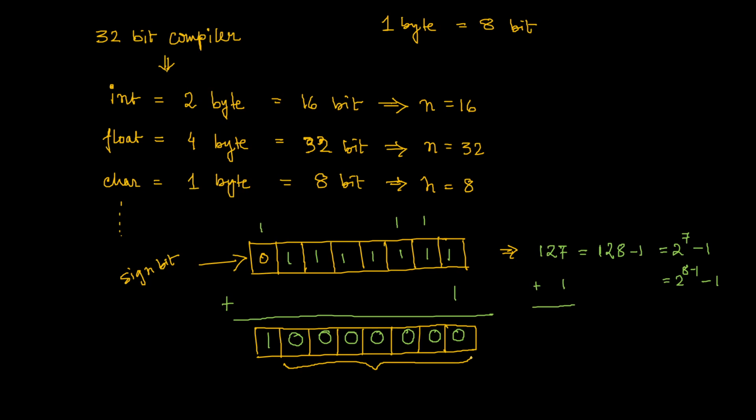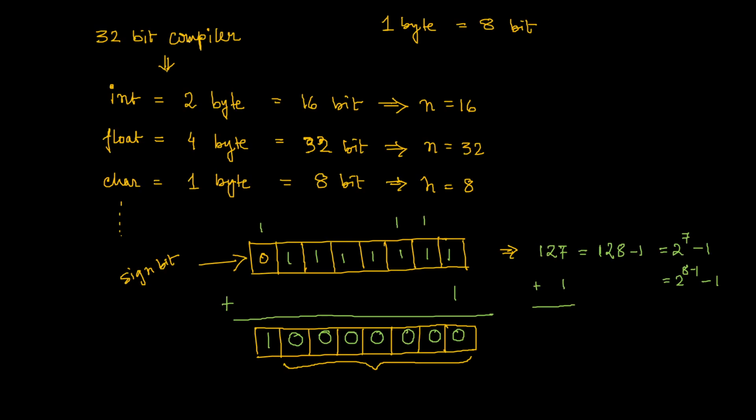So what is the original value? Let's try to find it. There are 7 zeros. Seven zeros are there. And if you find, this is actually the 2's complement form of the original number, because it's stored in a negative form, because this is 1, that means negative, we have already seen.